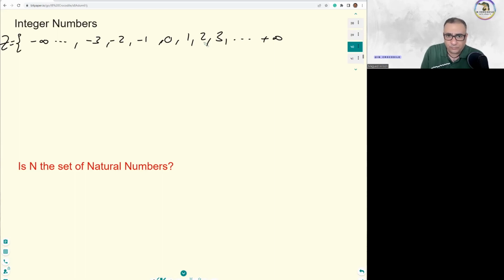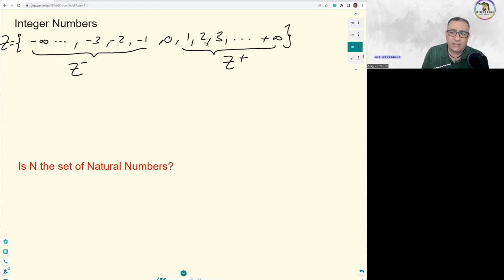Then what we did, we took 1, 2, 3, until positive infinity, and we call them positive integers, and then -1, -2, -3, until negative infinity, we call them Z negative, or the negative integers. That leaves us with a 0 in the middle, because 0 is neither positive nor negative, right?